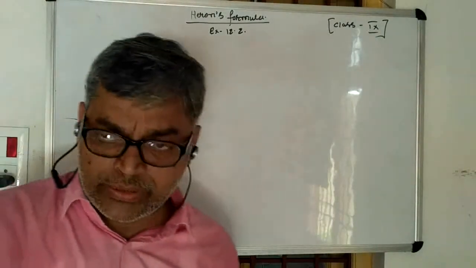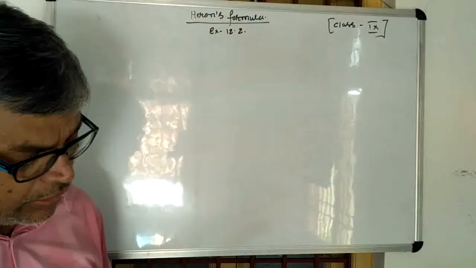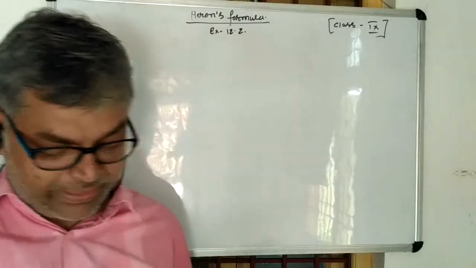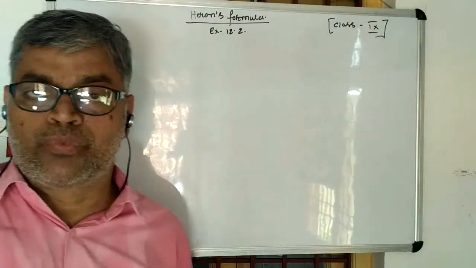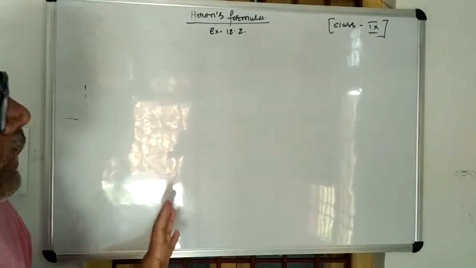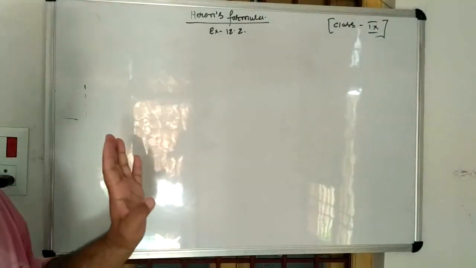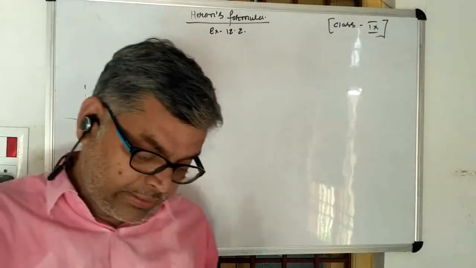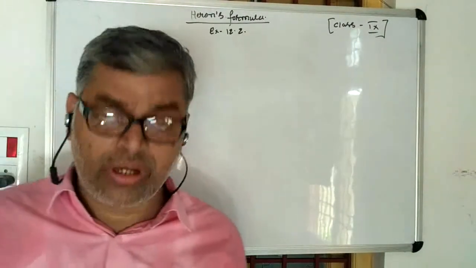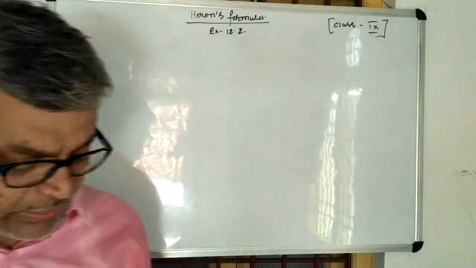So children, in this exercise, I have already discussed up to question number 7. So now only two questions are left in this exercise, that is question number 8 and 9. So these are also simple questions.